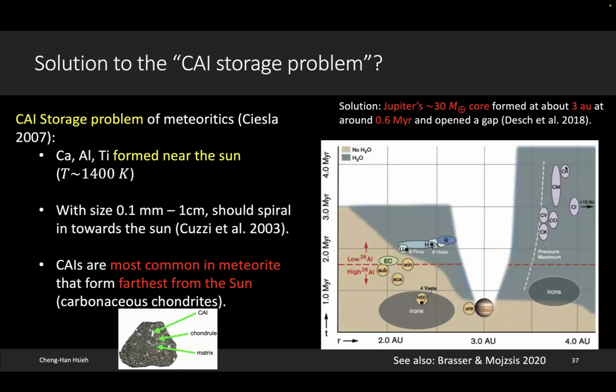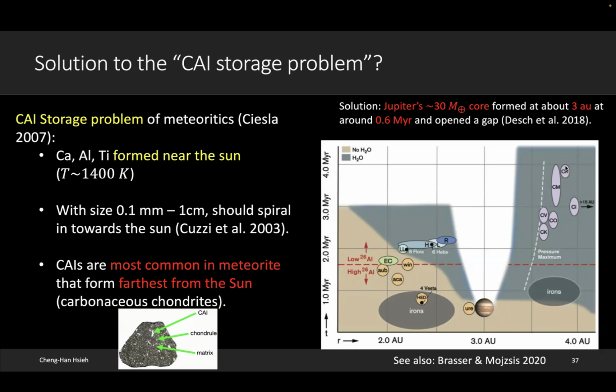They have sizes around 0.1 millimeter to 1 centimeter. They should all spiral in towards the Sun. However, CAIs are found in meteorites. Not only are they found in meteorites, they are found in meteorites far away from the Sun, in carbonaceous chondrites. So this is very puzzling. Why are we seeing these CAIs in carbonaceous chondrites?